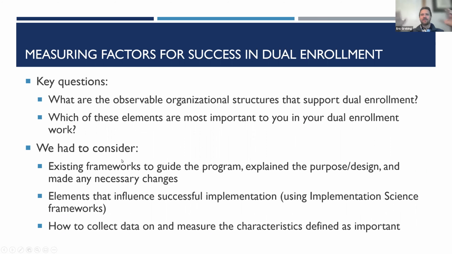And again, just like with outcomes, you can throw the whole kitchen sink at things, but it takes some discipline and structure to make sure that these elements are focused. And so thinking about which of the elements are the most important to you in your work is going to be really important and will guide what's actually measured. So a couple of things that we've used that has really helped us in this process. First of all, was using existing frameworks to guide the program.